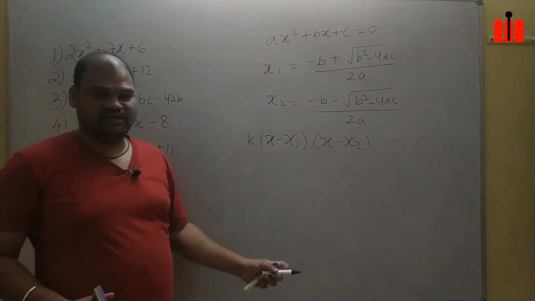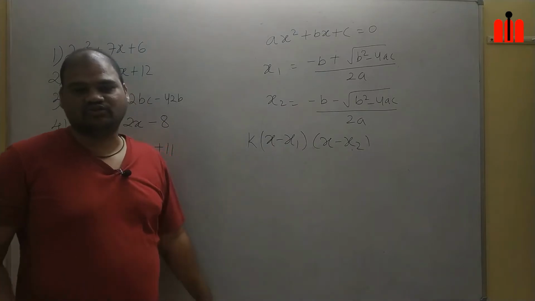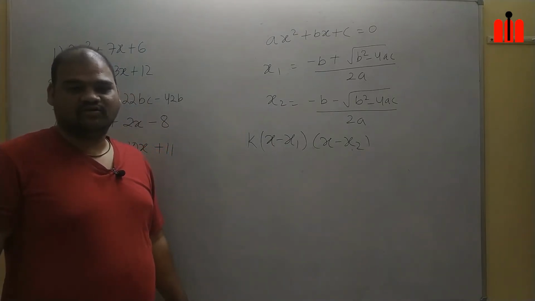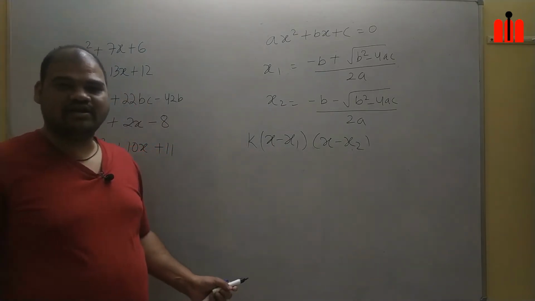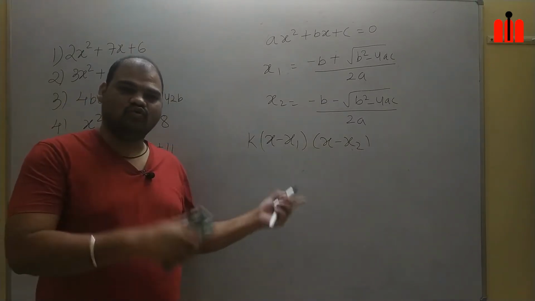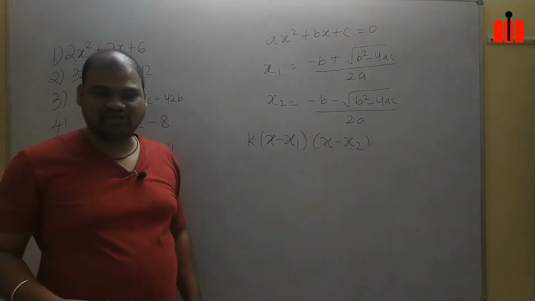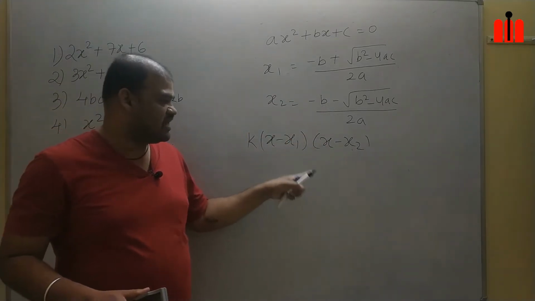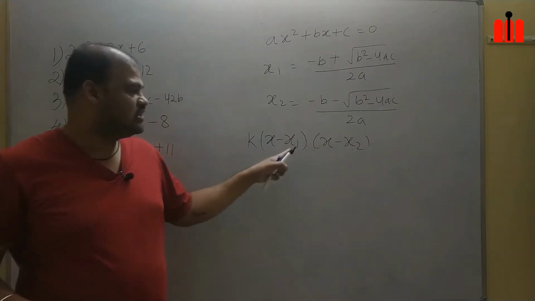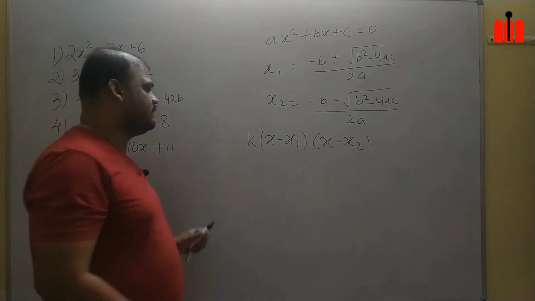Rather than splitting the middle term, you get x1 and x2 directly from here. You substitute x1 and x2 here. That's it. In the last problem, we found it by splitting the middle term, and after that we took common, and at last we got the factors. Here we will directly put x1 and x2, and then do x minus x1, x minus x2, and you get the quadratic equation.